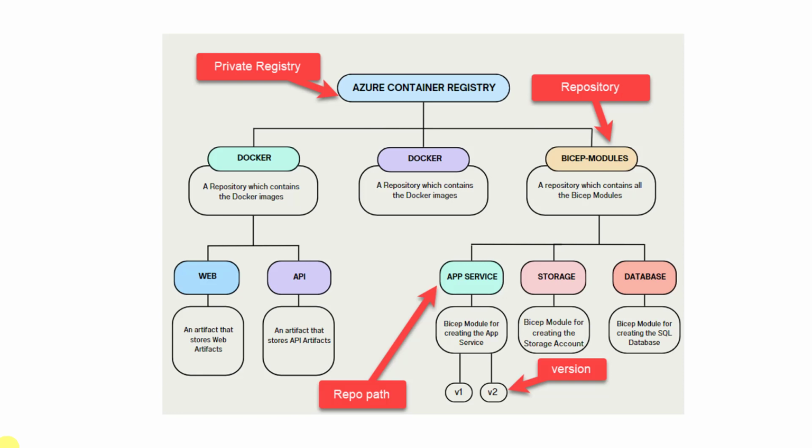Now when you follow this private registry architecture, the main advantage is that you can keep adding versions for your Bicep code. Maintaining versions provides backward compatibility to the business units, giving them the flexibility of picking the appropriate version. For example, in our previous slides we have seen two business units.